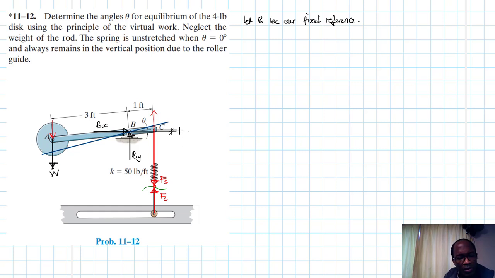So we are going to call this our yc. Okay, this is yc. And let's define this other one there.